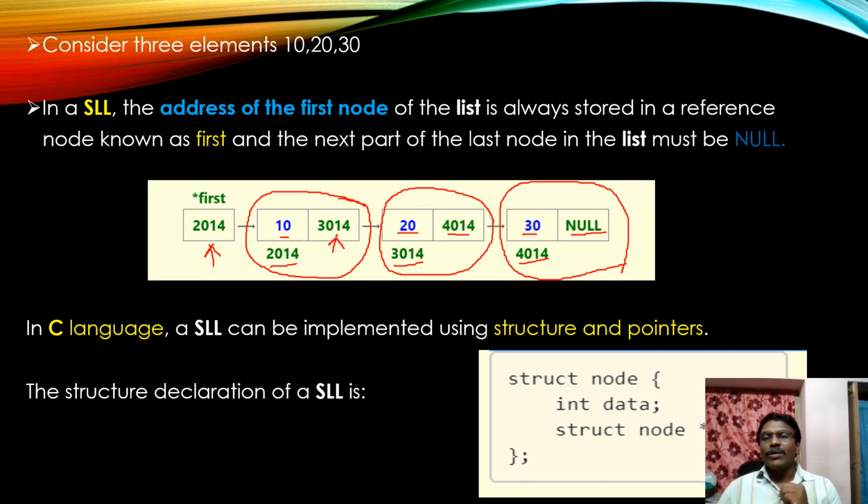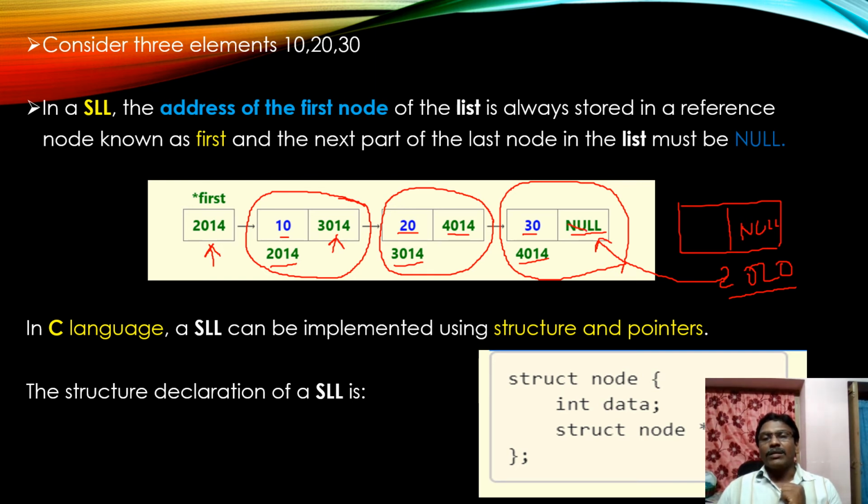In case you create another node, for example with address 2020, by default it stores a null value in its next. This is the next node. So the 2020 address is stored in the previous next.